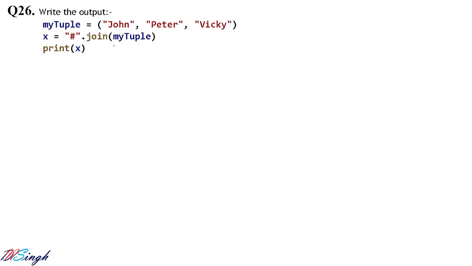Write the output of this one. Again you have the join function. The join function takes any iterable as input. Iterable means any such object over which you can traverse, over which you can use a for loop to iterate, and it is going to put this string as a separator in between those.